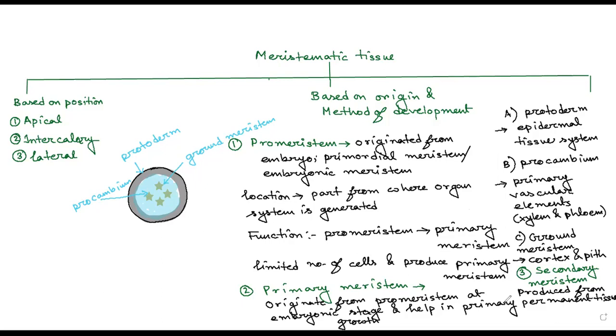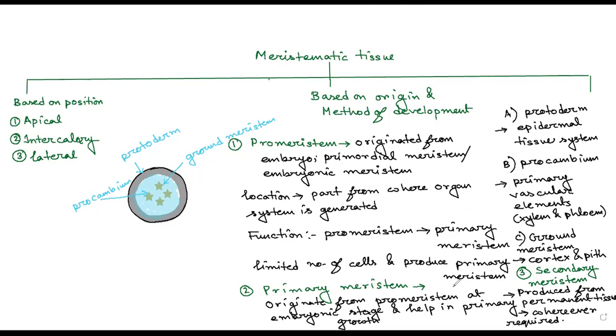Secondary meristem is present wherever required. So what do we mean by this wherever required? It is confusing. How will we know where it is required? For example, they can be present as vascular cambium. They can be present as cork cambium.